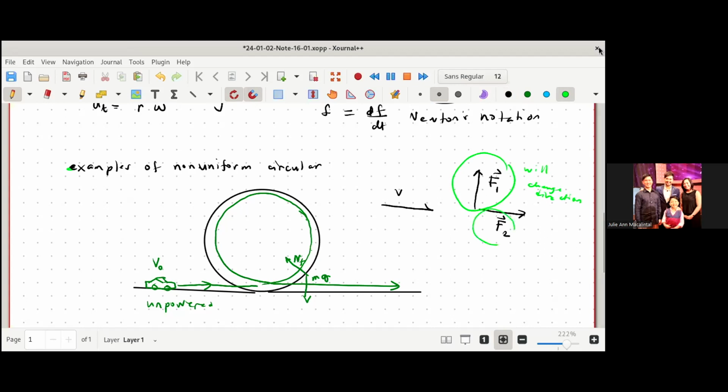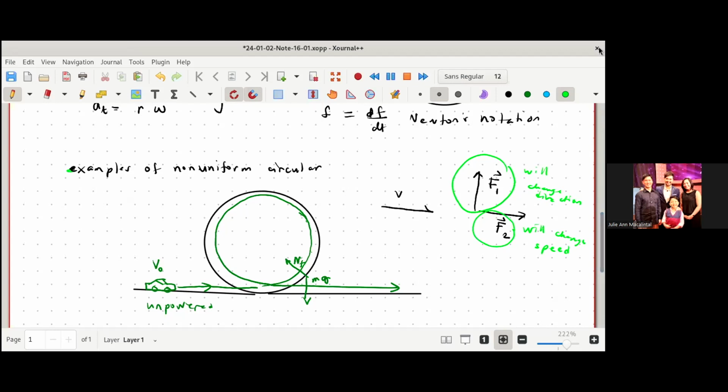This will change the speed. That's one result that we will show later. For now, this is at least what we expect.